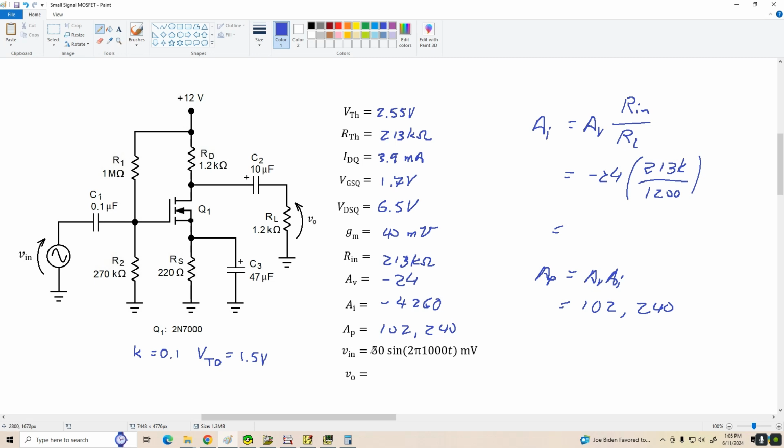Now, if we have a Vin of 50 millivolts peak, 50 sine 2 pi 1000 t, what's V out going to be? Well, V out equals AV times V in.